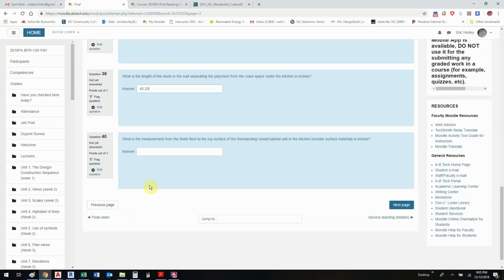Number 40. What is the measurement from the finished floor to the top surface of the freestanding closet cabinet unit in the kitchen? Include surface material in inches.